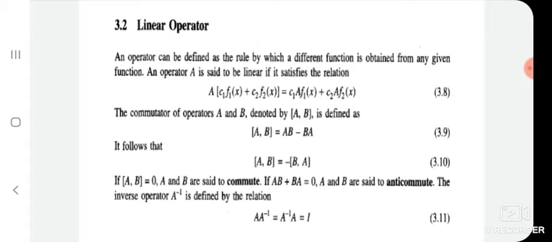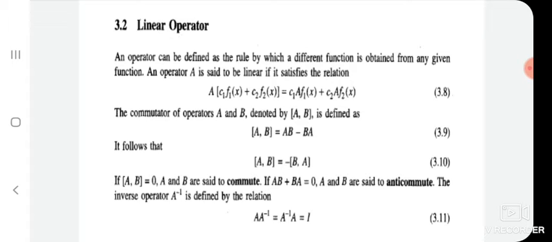Or an operator can be defined as the rule by which a different function is obtained from any given function. An operator A is said to be linear if it satisfies the following relation.